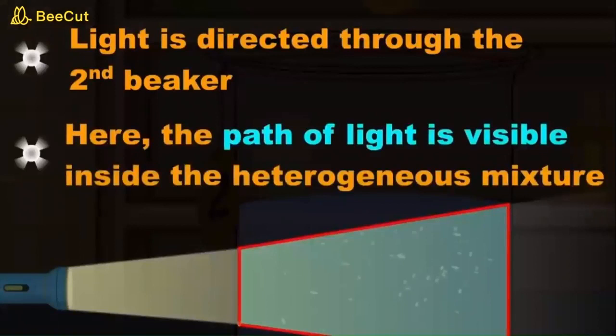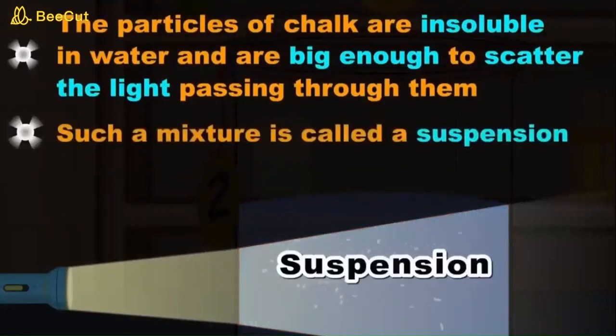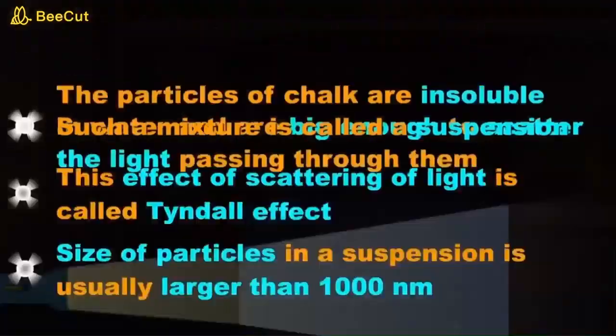That means non-uniform distribution. Moreover, when the beam of light is passed through this beaker, it scatters light. That is, the path of light is visible. The phenomenon of scattering of light is called the Tyndall effect.